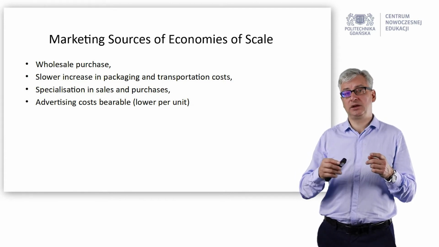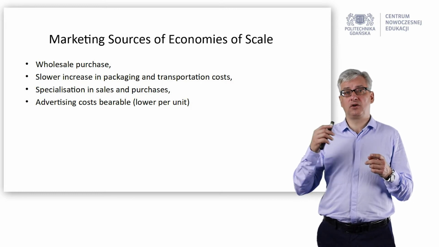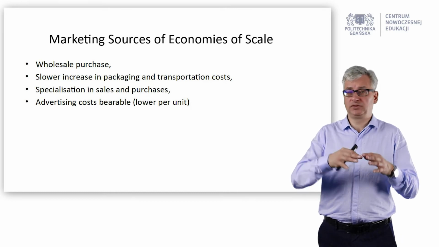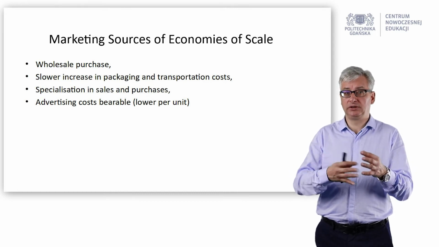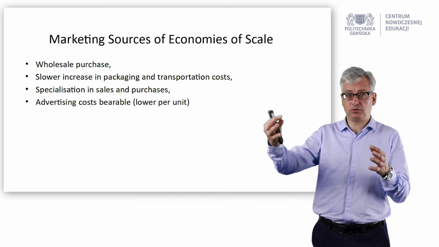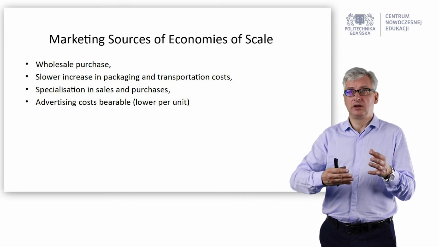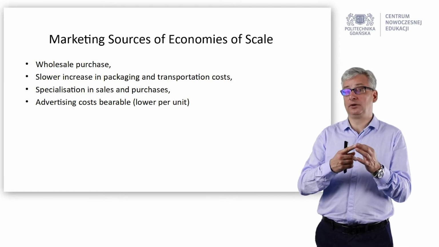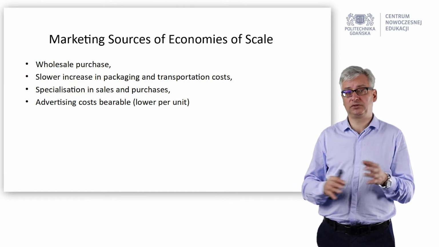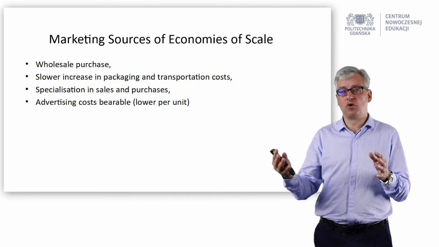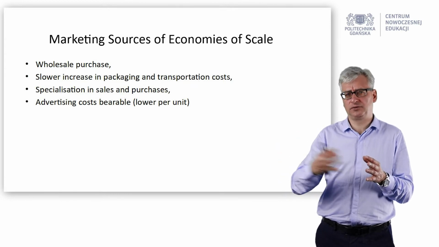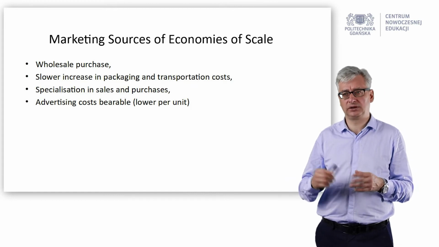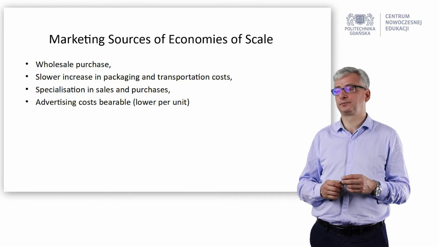So sometimes sending your product somewhere, even if you, for instance, double the delivery, I mean, you send twice as much as previously, but it still can be done with one car, not two cars, right? So this is, for instance, possible that if you send more, actually the cost of transportation or the cost of packaging doesn't grow as quickly as your production.